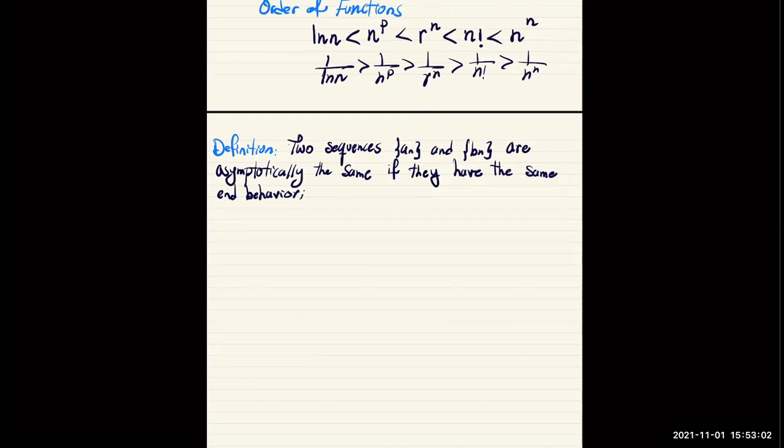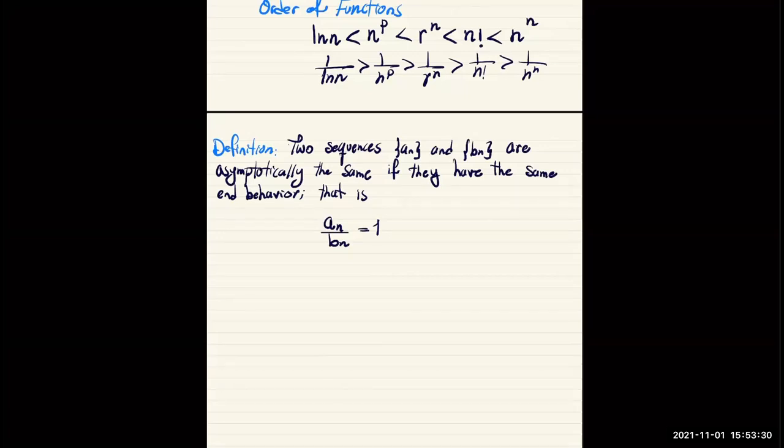Okay, so this means if you look at the ratio of a sub n to b sub n, we want a sub n and b sub n to become the same. Same meaning 1. If you divide two things that are the same, you get 1.